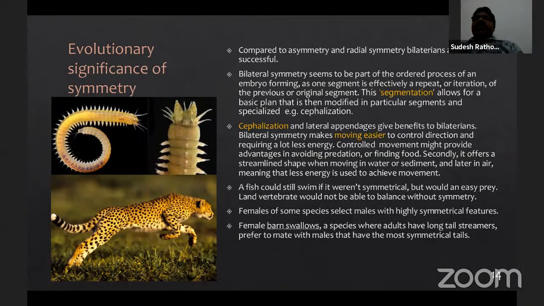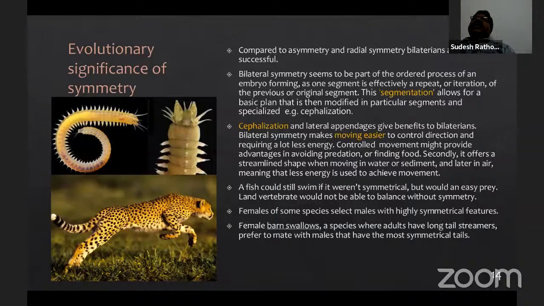This segmentation allows for a basic plan that is then modified in particular segments and specialized, just like cephalization. So in bilateral symmetry, the animal gets one benefit: it gives rise to segmentation. Because of segmentation, appendage development and also head development are possible, because bilateral symmetry defines anterior and posterior sides, lateral sides, as well as dorsal and ventral sides.